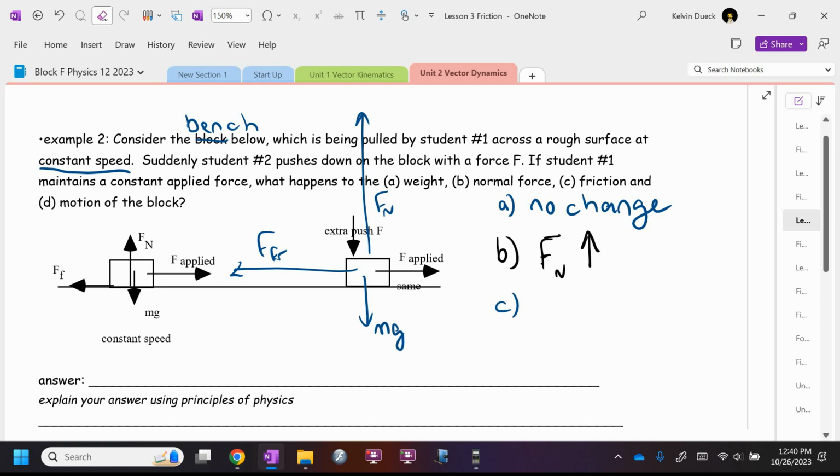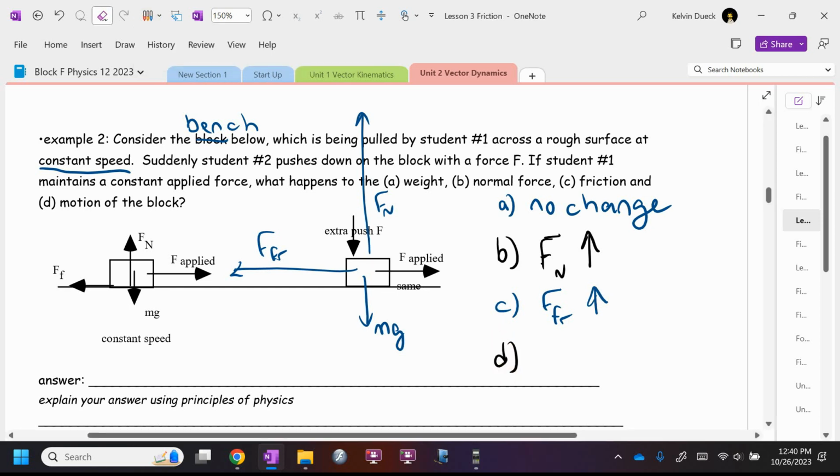No. Are we flying through like Superman? No. That means vertically the forces must be balanced. I'm looking for a word that starts with the letter B. And what that really means is everything down has to equal everything up. And because there's more down, there has to be more up. Right? So friction increased.